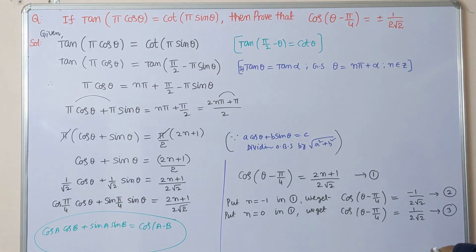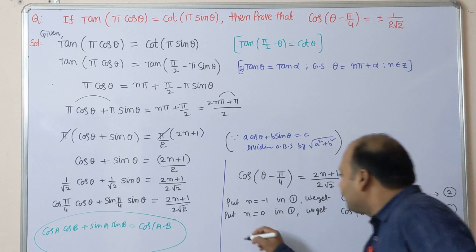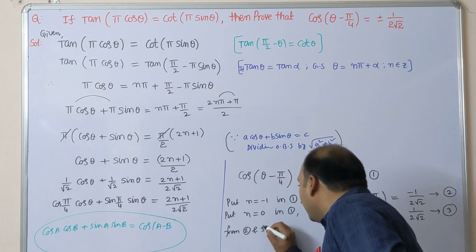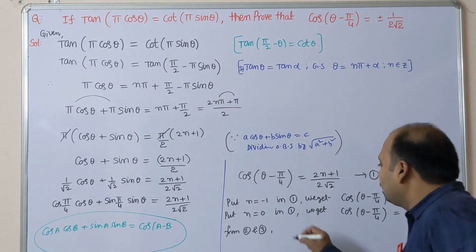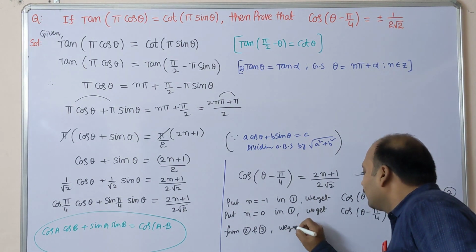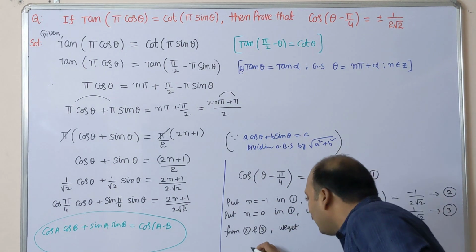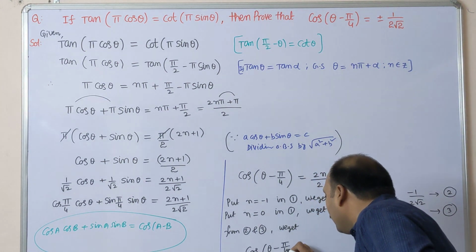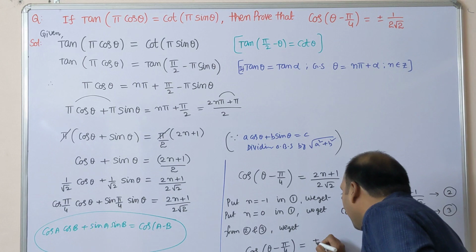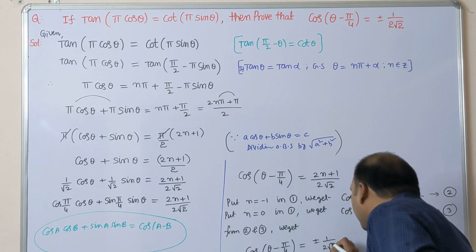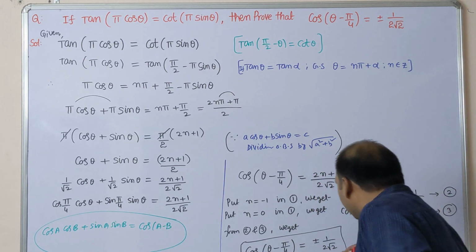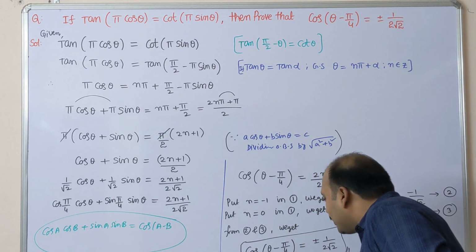From 2 and 3, we get cos of theta minus pi by 4 is equal to plus or minus 1 by 2 root 2. Hence proved.